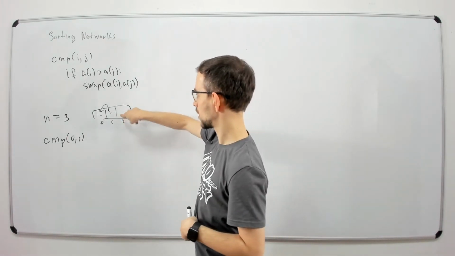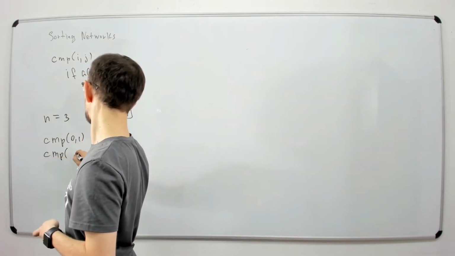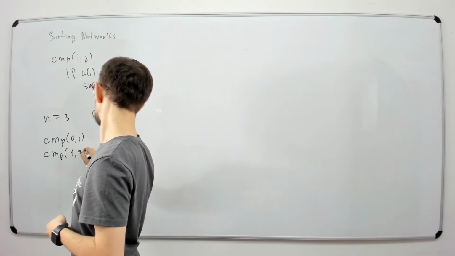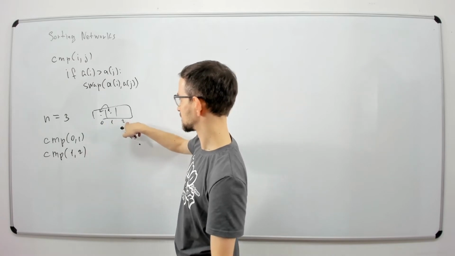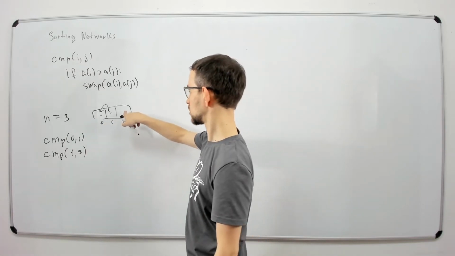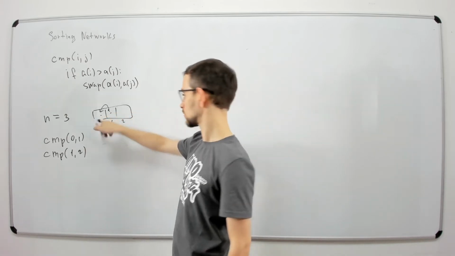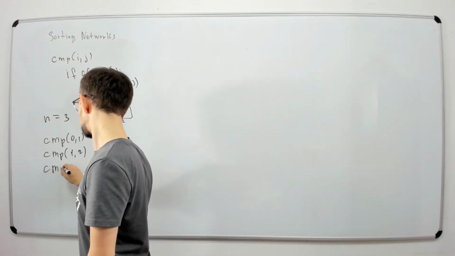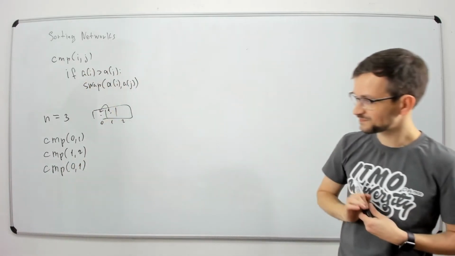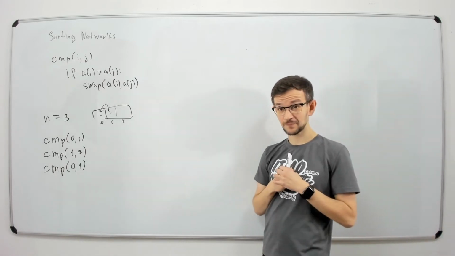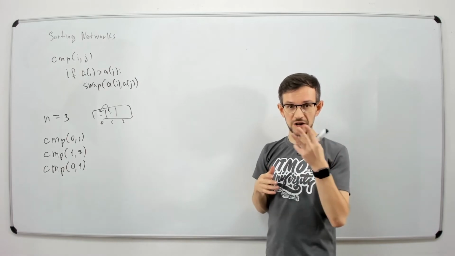First you compare it with element 1: CMP of 1 and 2. If it is less than element 1, you move it to position 1. And now you need to compare it to position 0, so you call CMP of 0 and 1 again. Okay? So this program will sort the array of 3 elements.